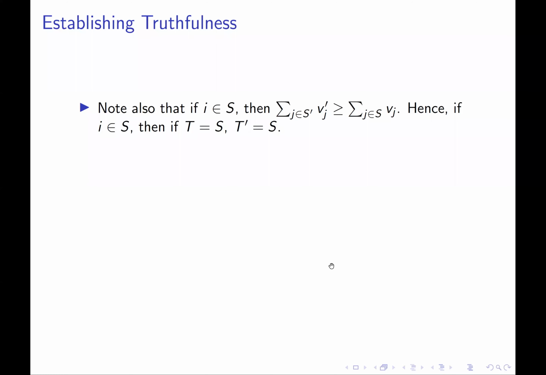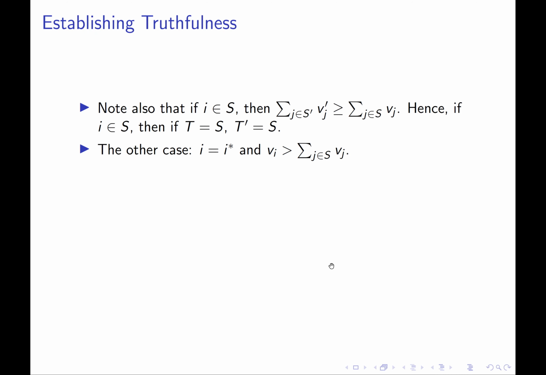Right? Because if bidder I was in this set S already, then by raising his bid, he's only increased the value of the set S. And so if before his misreport, the algorithm output the set S, it'll still output the set S after his misreport because he's raised the value of the set S exactly in proportion to his misreport. And the only other case to consider is when the algorithm doesn't output the set S, but instead outputs the bidder who has the highest value.